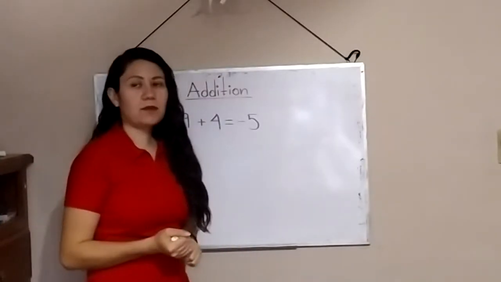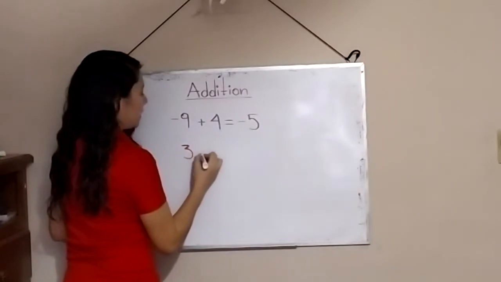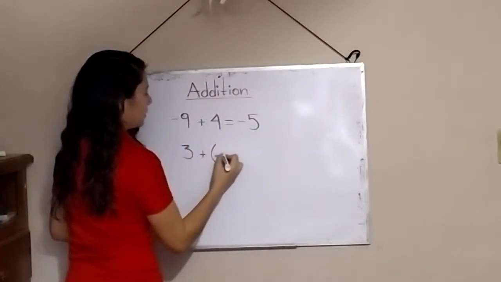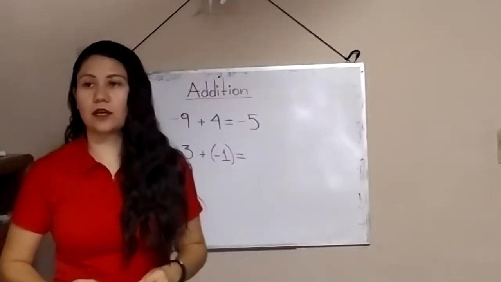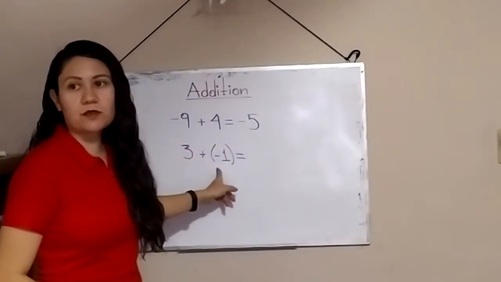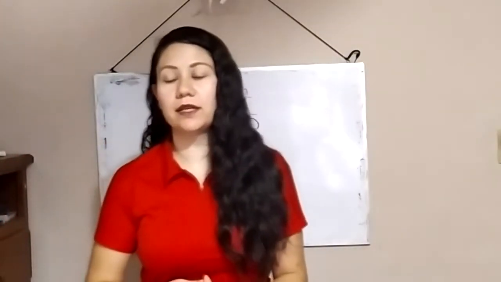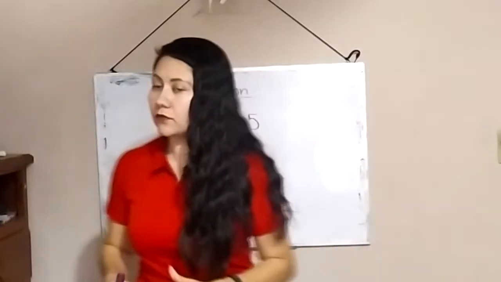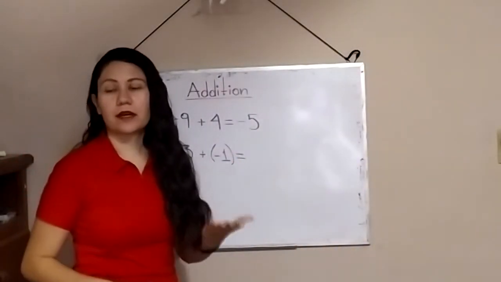The second example is 3 plus (-1). We use the parentheses because we cannot have two signs without numbers in the middle. So, we have 3 positive plus 1 negative.